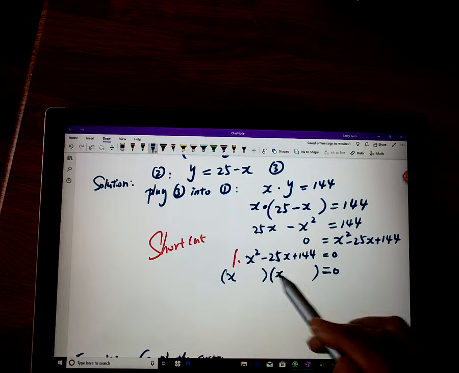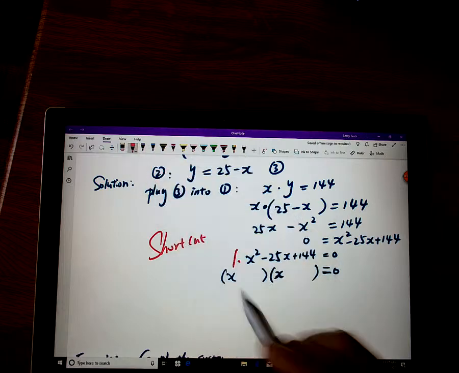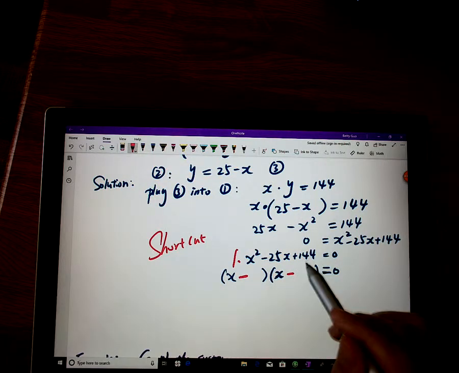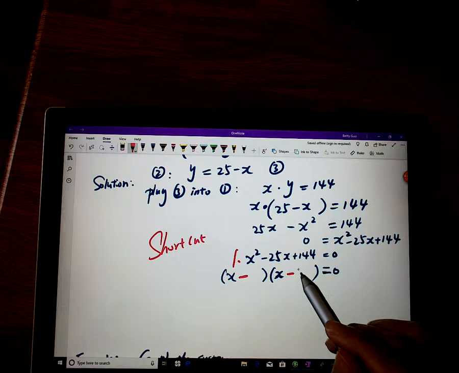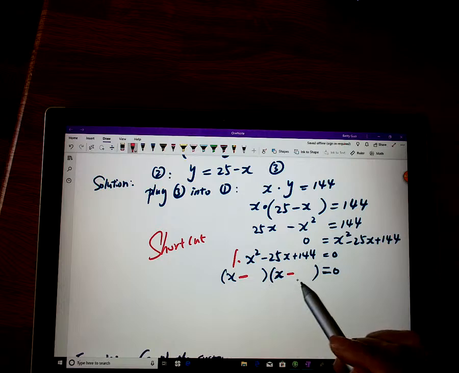We need to find the two integers whose product is 144 and whose sum is negative 25. Must those two numbers both be negative? Yes. They must have the same sign. If they are both positive, then the sum is going to be positive. However, we have the sum negative, so the two numbers must be both negative.